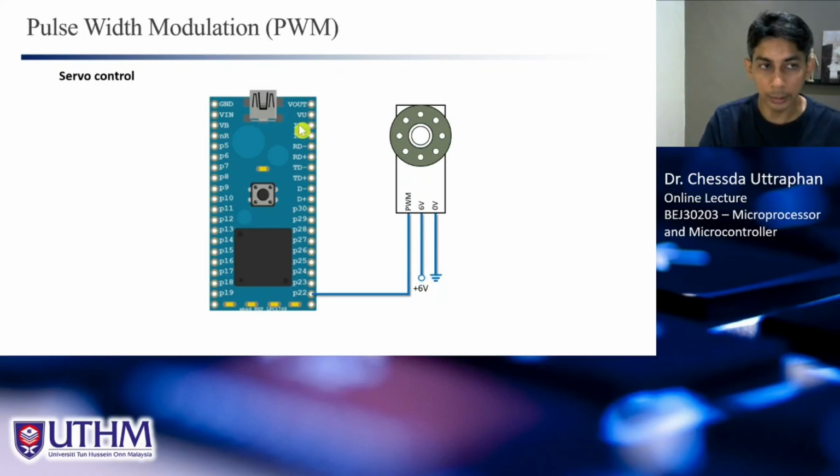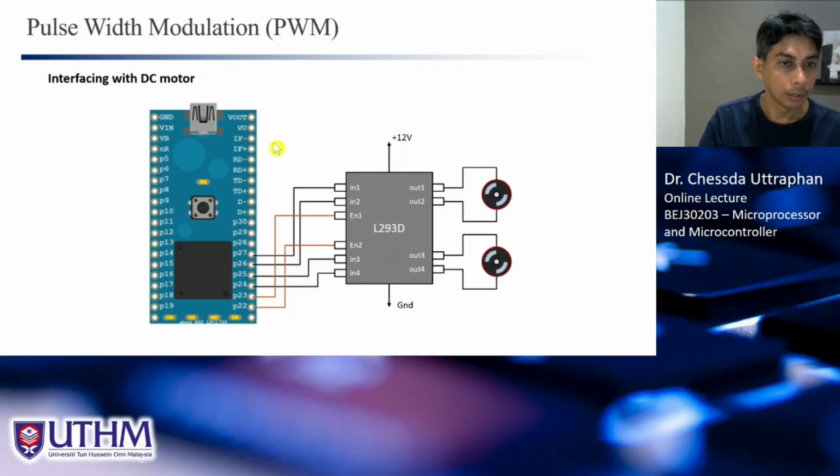You cannot use the microcontroller to supply the current and voltage to your motor, because motor normally needs high current, but the microcontroller only has a very small current, in milliamps. So you need an external battery or external supply for your motor.